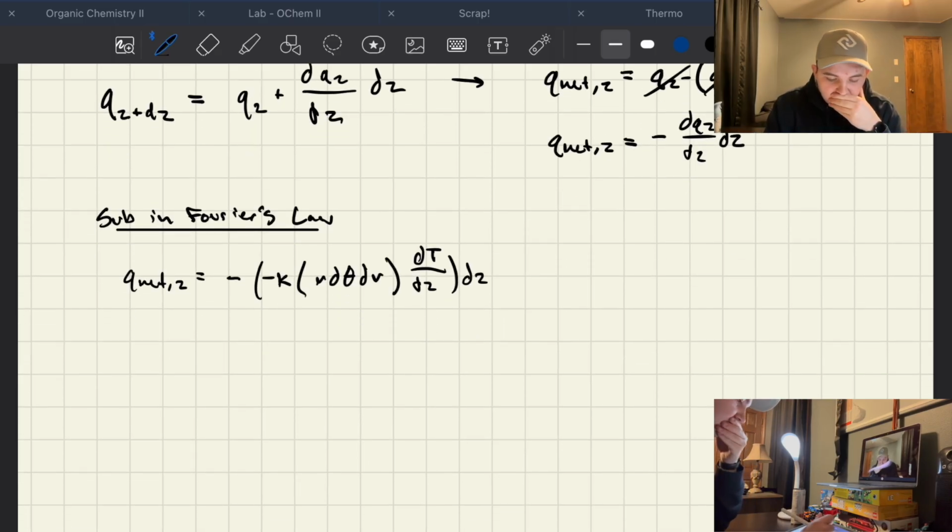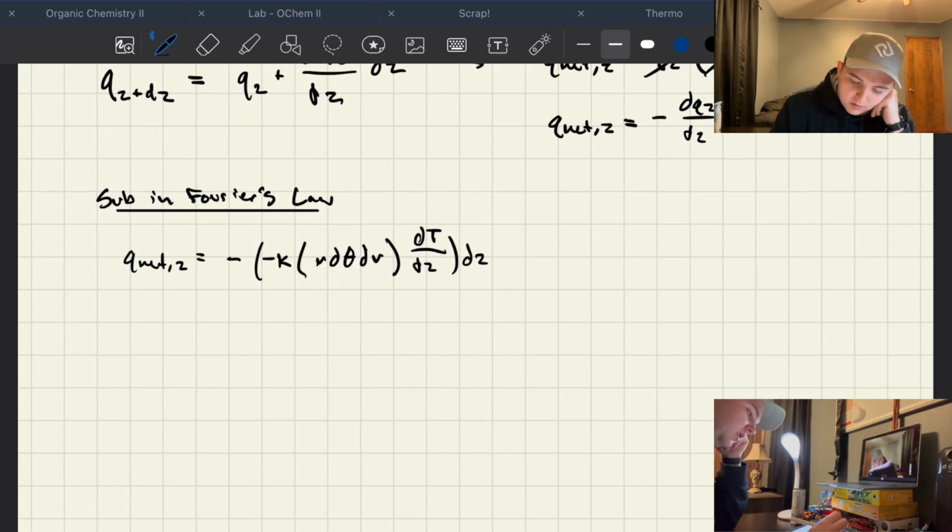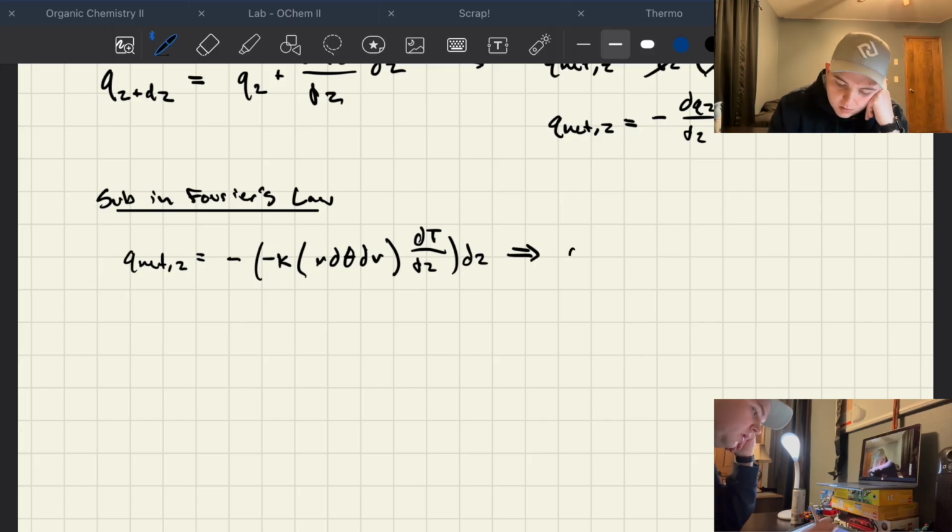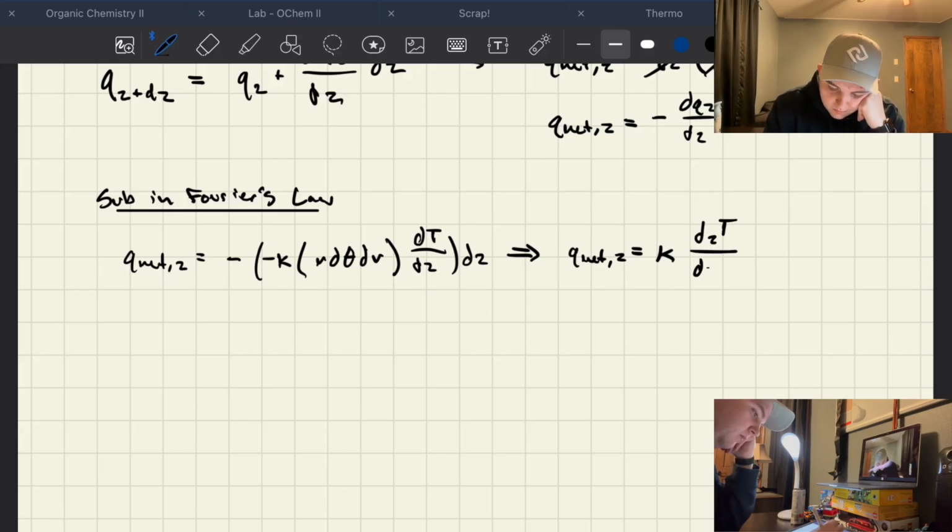And then we can simplify this again, so let me just write an arrow. Q net. I'm trying to keep everything nice and organized because this can get really confusing really fast. d z T squared. I don't know why I wrote that small.